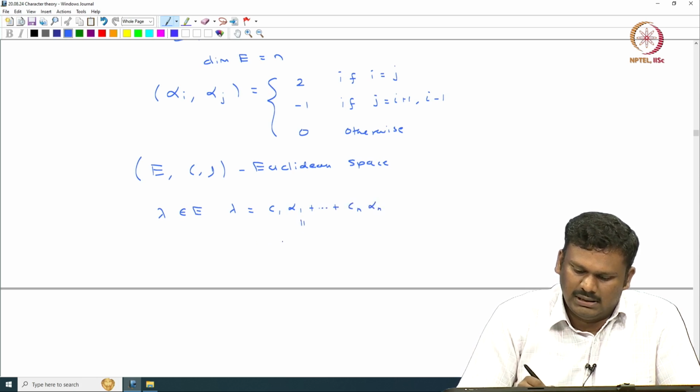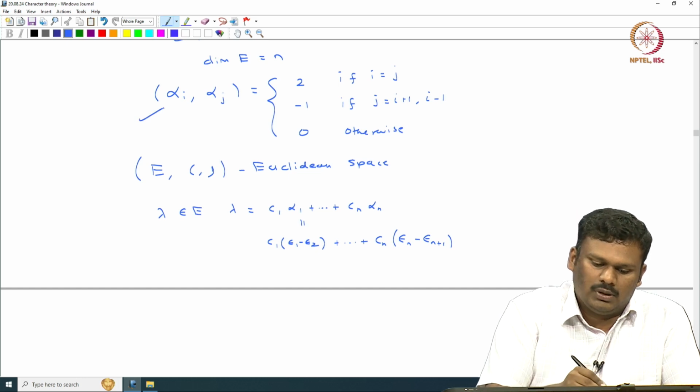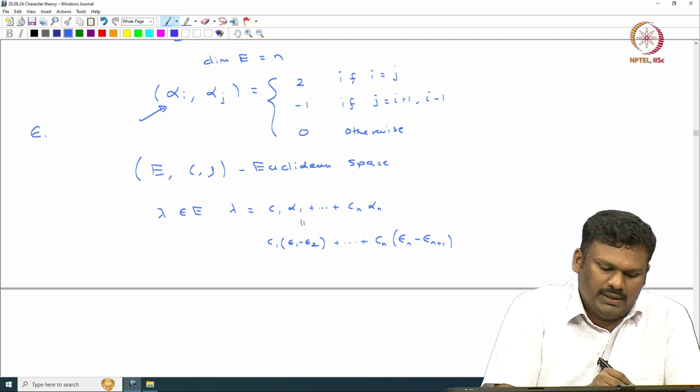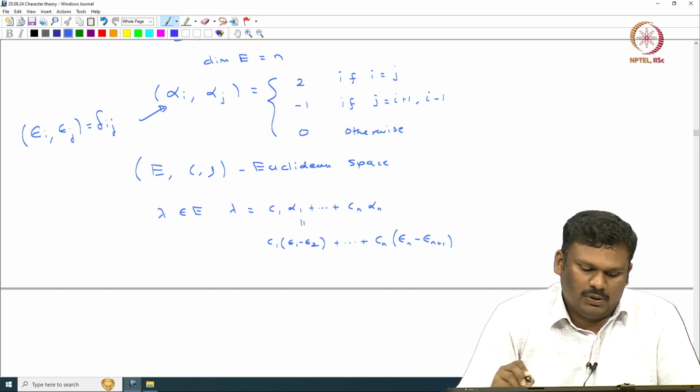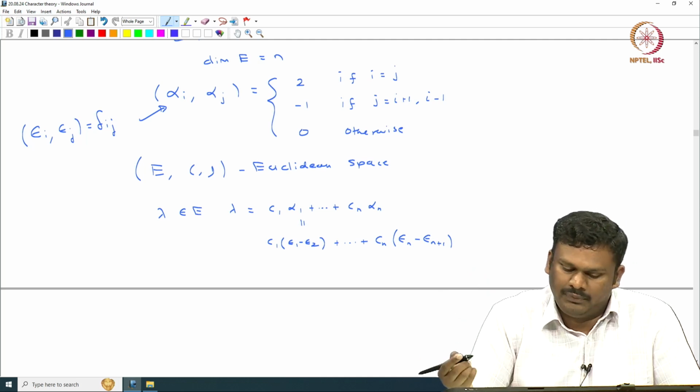Now, if you rewrite this in terms of the epsilon_i basis, it becomes c_1 (epsilon_1 minus epsilon_2) plus etcetera plus c_n (epsilon_n minus epsilon_{n+1}). Recall this inner product is indeed obtained from the inner product of the epsilon_i's, where (epsilon_i, epsilon_j) is the Kronecker delta. That is the inner product we had in the ambient space, which induced the inner product on H star.